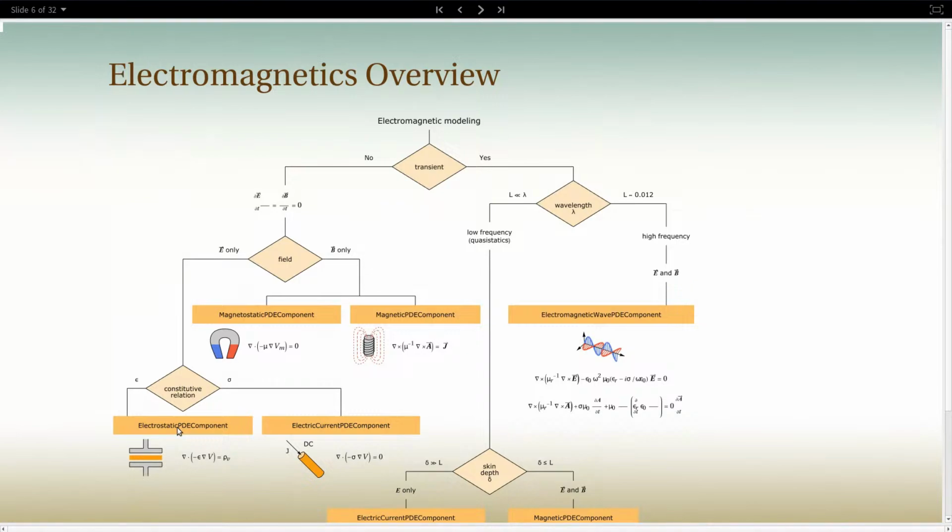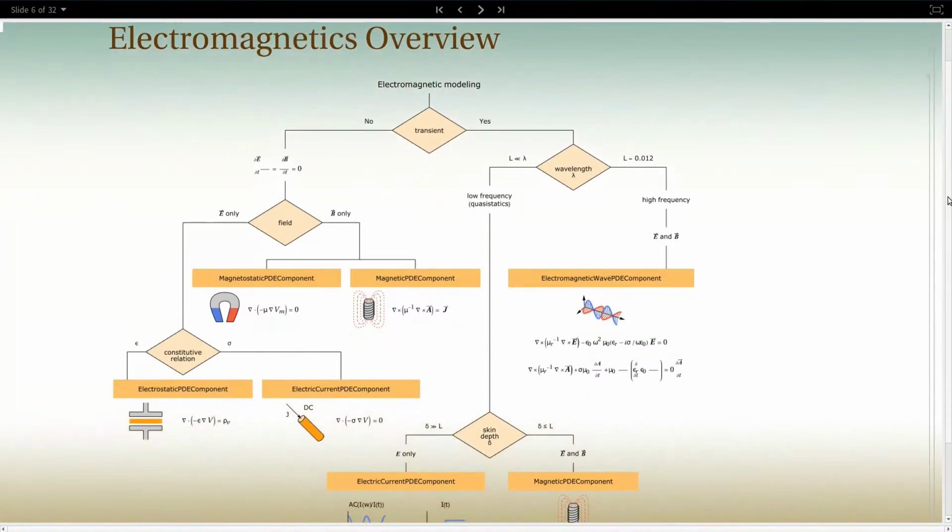So the electrostatic PDE component is what we've had before. And now we've added the electric current PDE component, and there is some other stuff coming in a future version. So you see a peek into the future of what's going to come. So in this case, for a transient case, you look at the wavelength that you want to model.